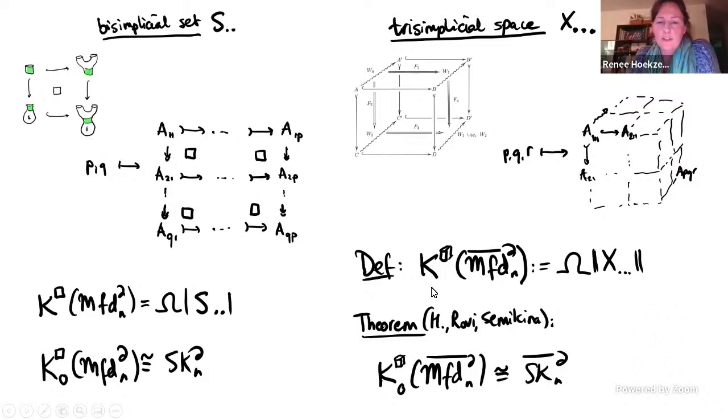I define my cube K theory of manifold bar. The bar represents that we now have a topological space, as loops on the fat realization of this trisimplicial space. And then the theorem is that on K0, so on pi naught of this infinite loop space, we indeed recover SK bar boundary.